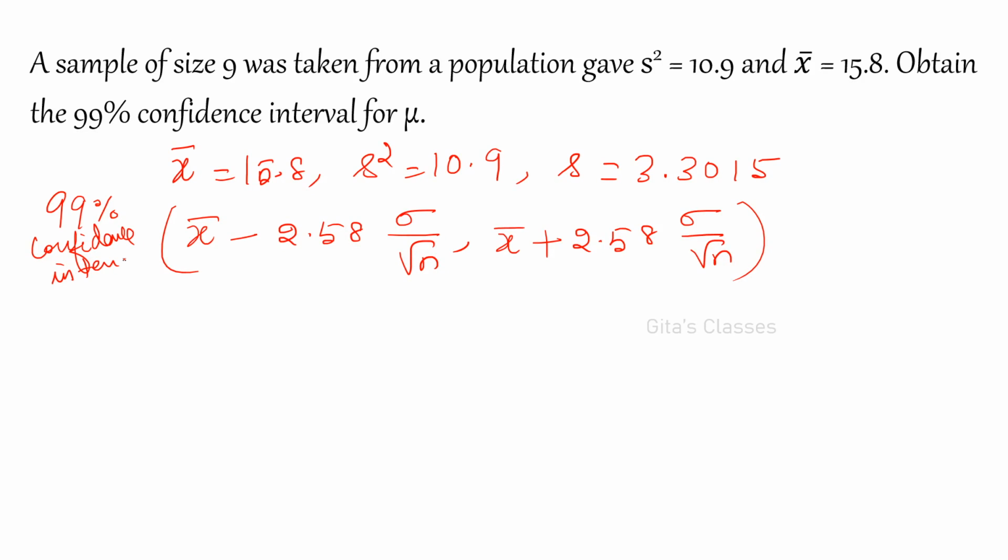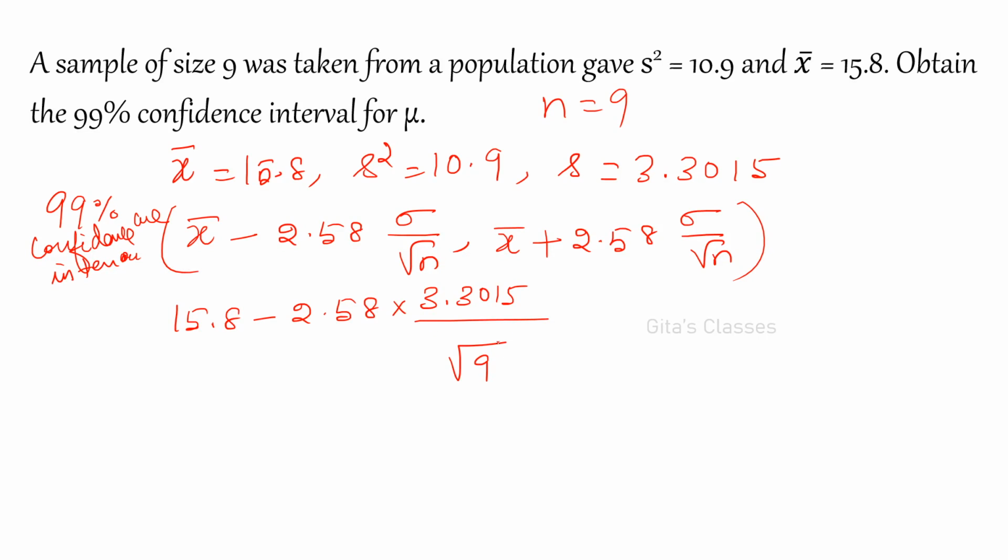Confidence interval. So if you substitute, you will be getting x bar is 15.8 minus 2.58 into sigma is 3.3015 divided by root of n. What is the n value? Here n is equal to 9.